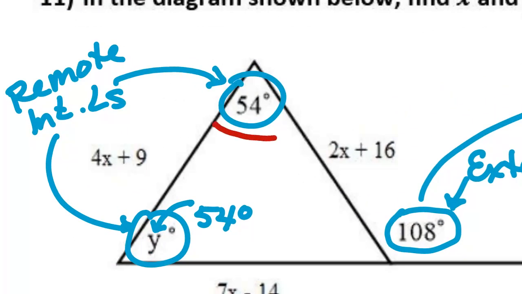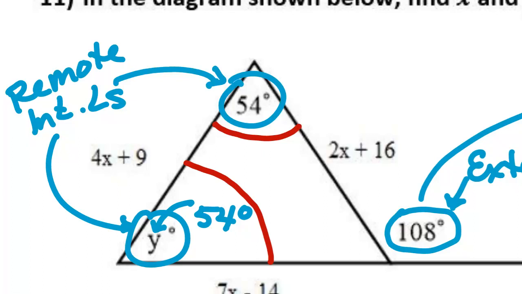We have a 54 degree angle here, and I have a 54 degree angle here. When I have an isosceles triangle, two of my angles are the same size, which means what else happens? Isosceles triangles don't just have two angles that are the same. Two sides are the same size.